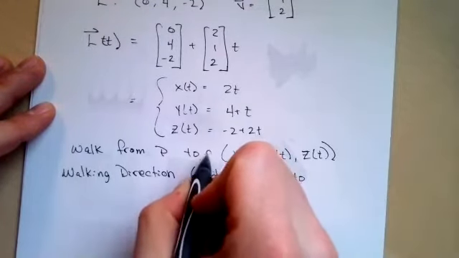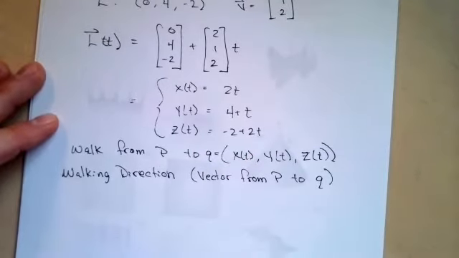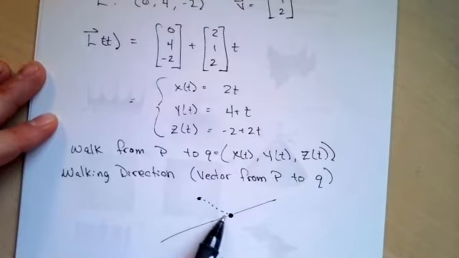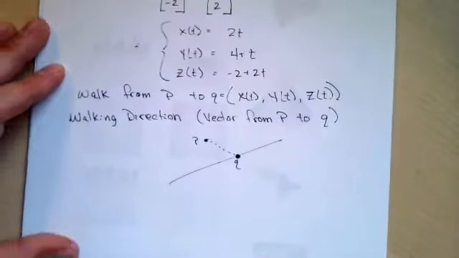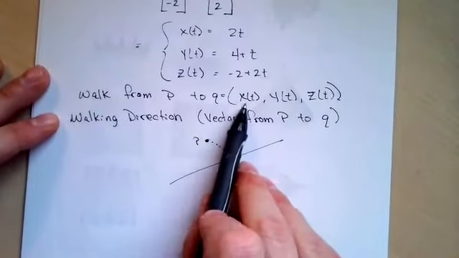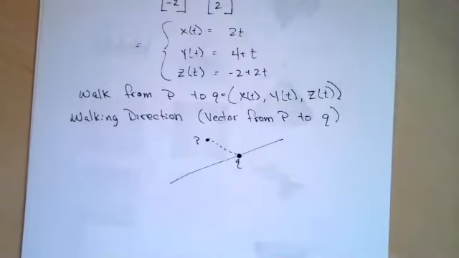Let's call the point on the line Q. So we have our line, we have our point. I know I'm going to walk somewhere in a straight line, and then we're going to walk from P and we're going to hit Q. So no matter what point we land at, Q is going to be able to be given coordinates following the functions we found.